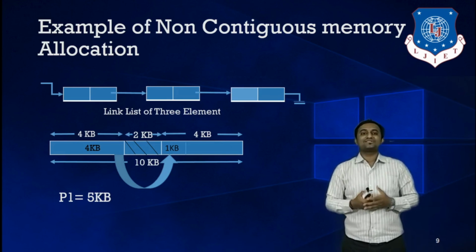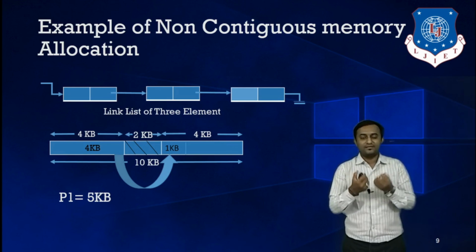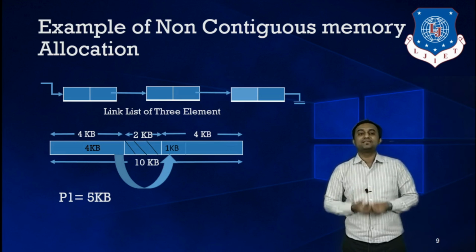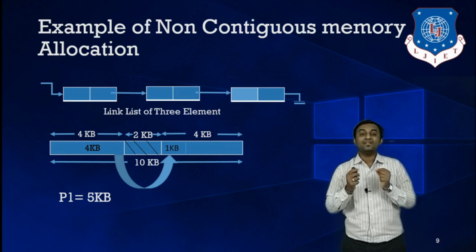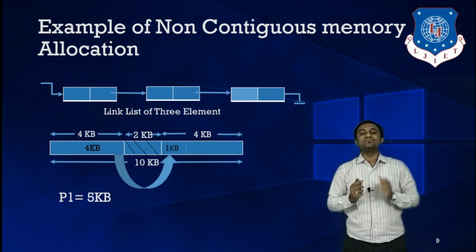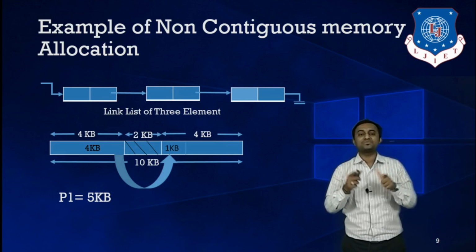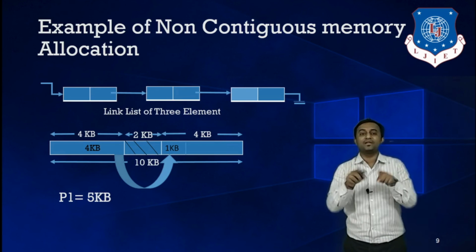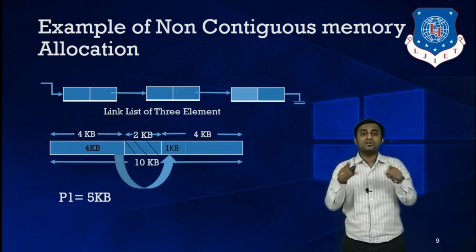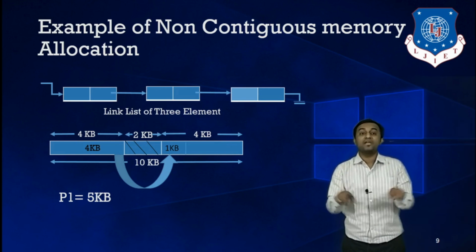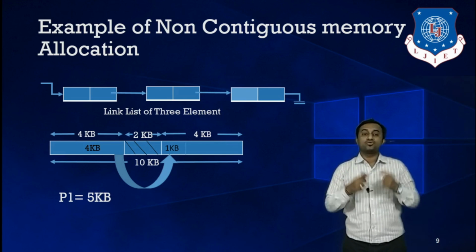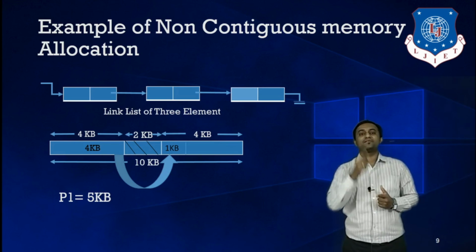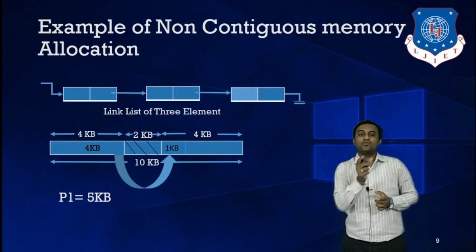Why? Because we are dealing with non-contiguous memory allocation, as I told you. In this case, the requested size is less than or equal to the available size in main memory. 8 KB of size is available, but it is not available in contiguous fashion. Even though it is not contiguous, we can still utilize those memory areas to satisfy this request, because we are dealing with non-contiguous allocation.